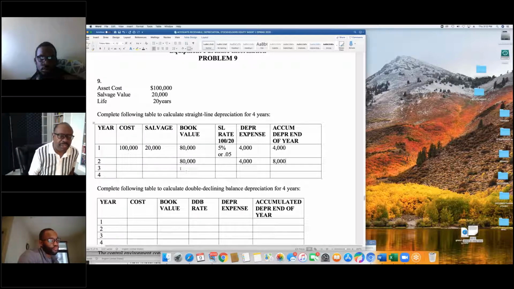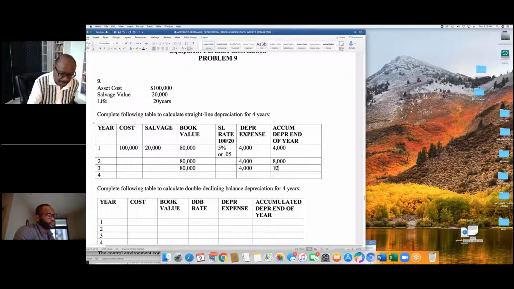We go to the third year, 80,000 again. That rate stays there, so this is going to be what? 4,000. And now how much do we have in the accumulated account? 12,000. So this especially is not the hardest thing to do.